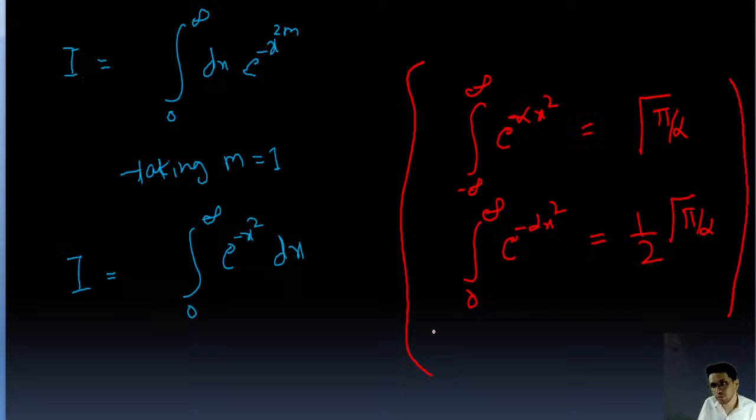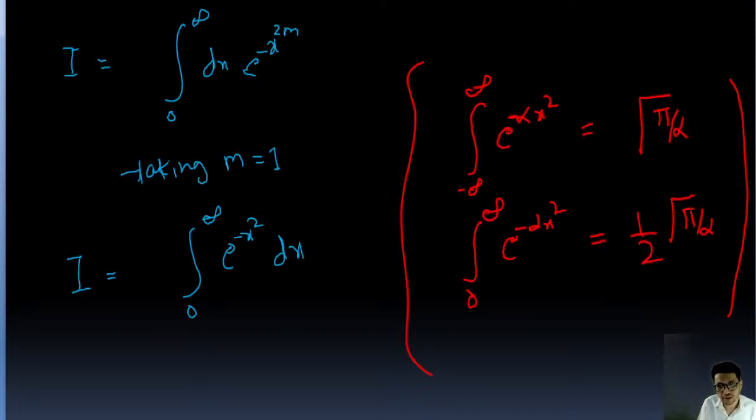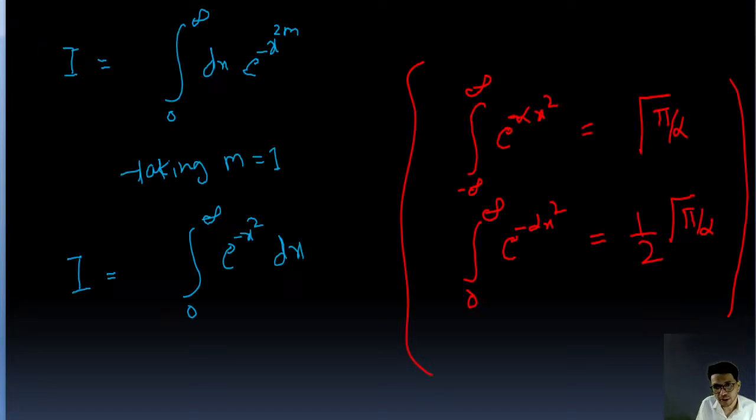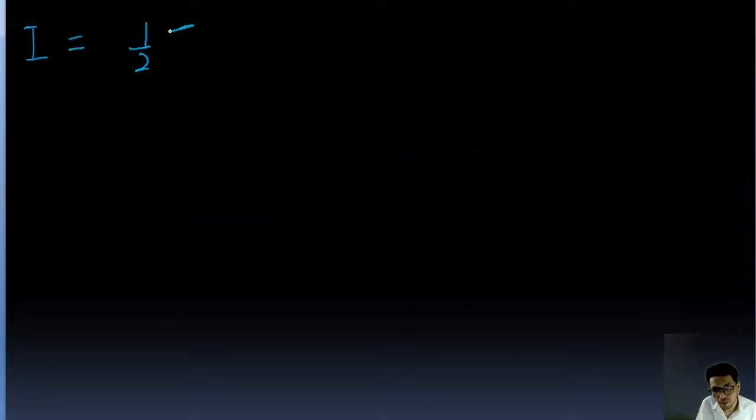Now we are going to use this formula. The value of I is going to be this one. Here it is e to the power minus x square, that is e to the power minus alpha x square, where alpha is 1. So this is going to be 1 by 2 root pi upon 1.